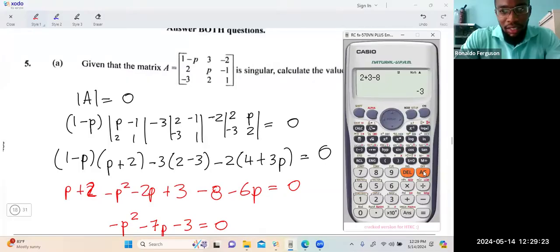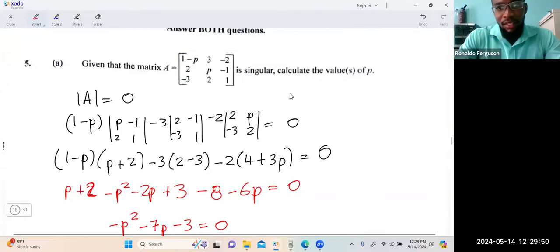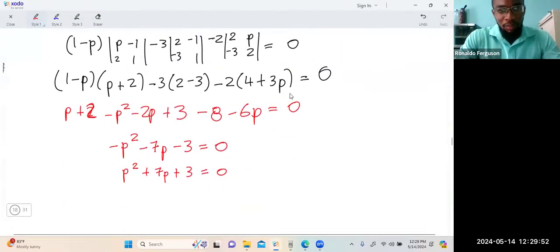I put in my calculator, minus 3 bracket, minus 3. That's positive 3 here. Then over here now, this is now p plus 2 minus p squared minus 2p. 1 minus 2 is negative 1, negative 1. Okay, so this seems fine. Quadratic seems fine.